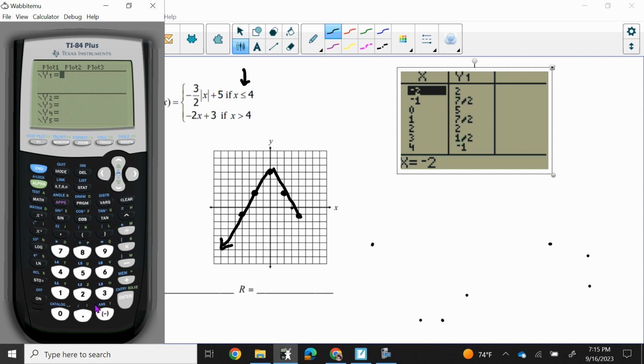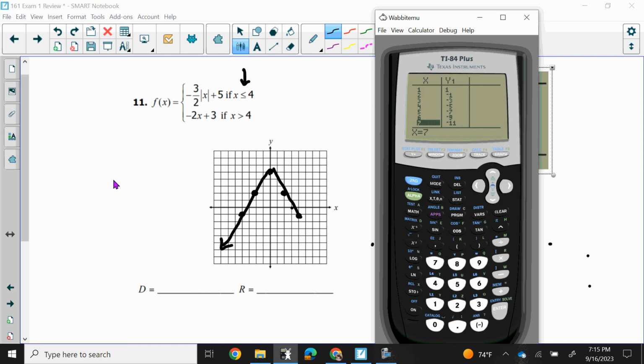So I'm going to do -2x plus 3, and I graph it. See what I mean? It's a negative. So then I go to table, and I'm going to go from 4 on. It's an open circle where x is greater than 4, but I'm still going to graph that point.